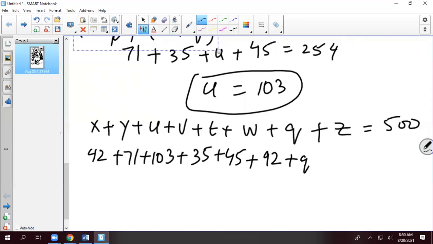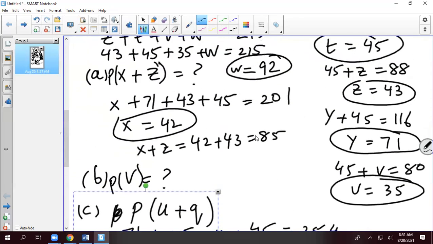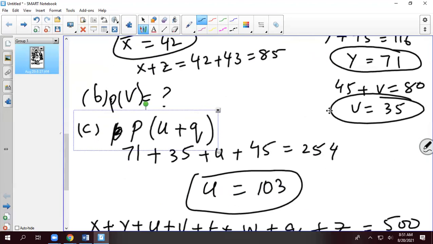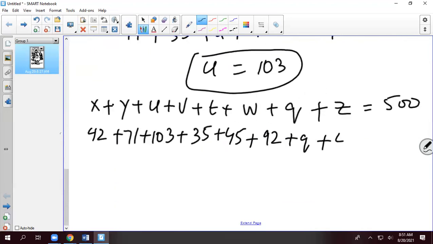Q is what we are trying to find here, and Z is 43. So now let's add these up. So this is 113, 216, plus 80, 296, plus 92, 388, plus 43 is 431.